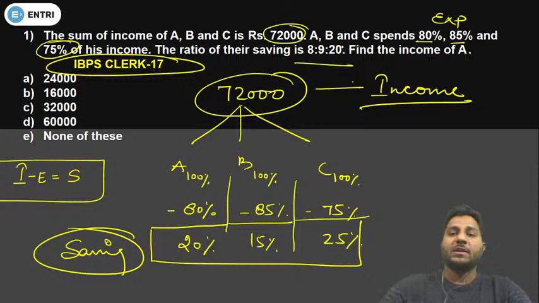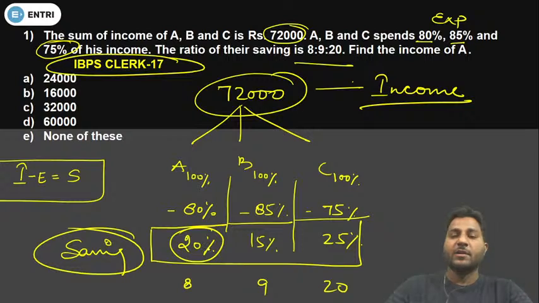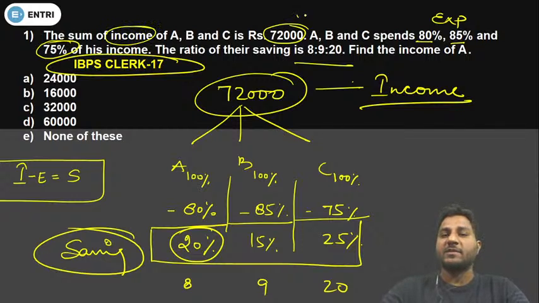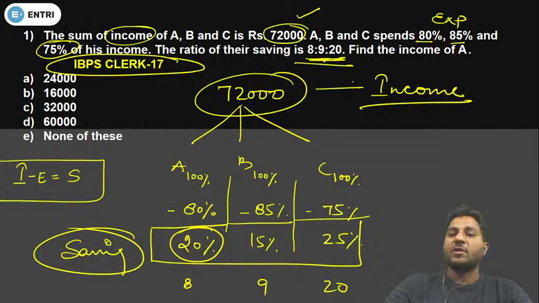Now, one thing is sure that their ratio of saving will arrive as 8, 9, 20, while in terms of percentage it has been given as 20%. Let me read out this question again. The income of A, B, C has been given as 72,000. A, B, C spend 80%, 85%, and 75% of their income respectively. The ratio of their savings is also given.